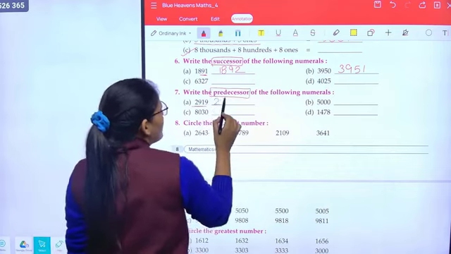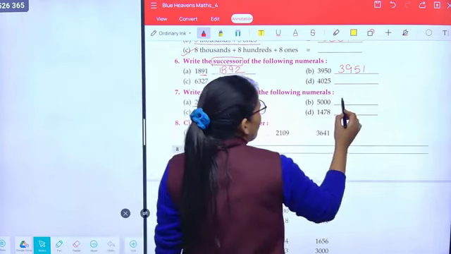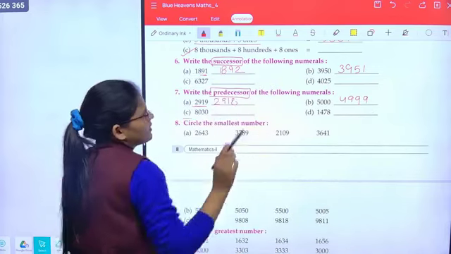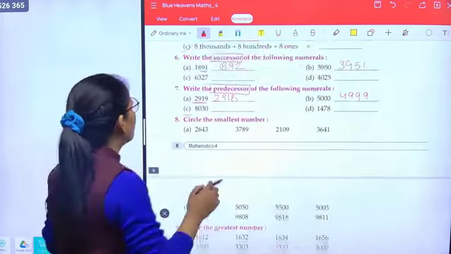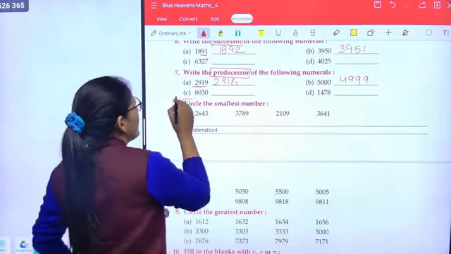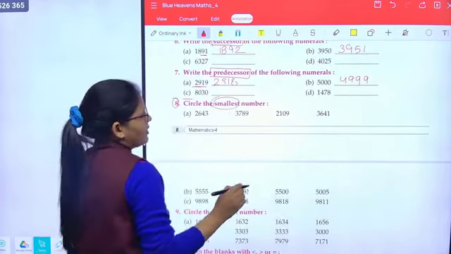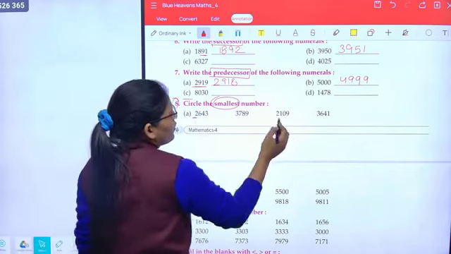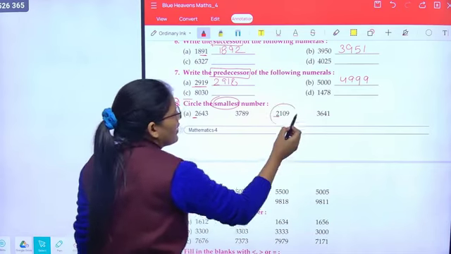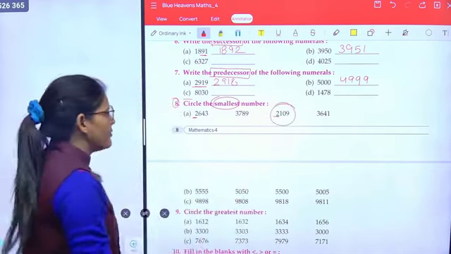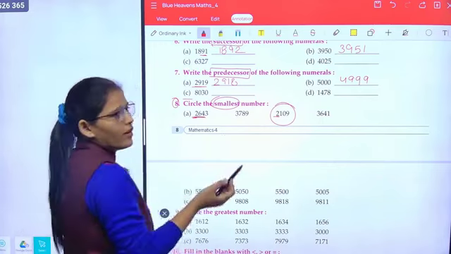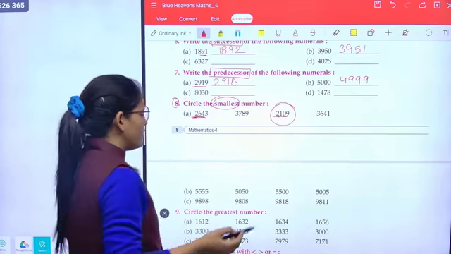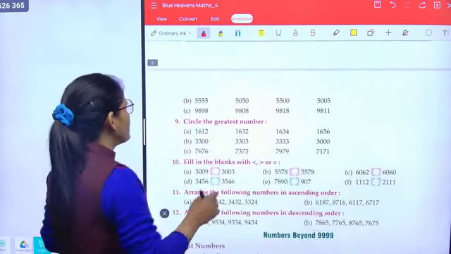Now 2918, 4999. Rest of the parts do yourself. Now, class, question number 8. Circle the smallest number. So, which is smallest? 2109, because 2643 is greater than 2109. So, it is smaller. Rest of the parts do yourself.